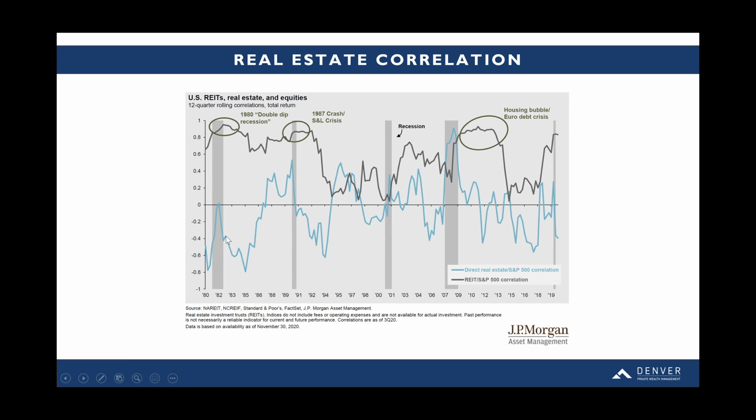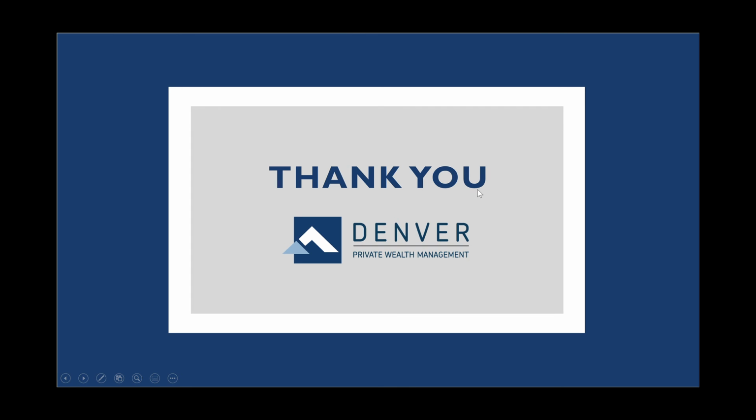If we look at the blue line here, historically, the uncorrelated nature has helped you in some of these sell-offs or recessions. And that's one of the many reasons that at Denver Private Wealth Management, we continue to be interested in the private real estate space and how it might fit into the portfolio of some of our more sophisticated investors.